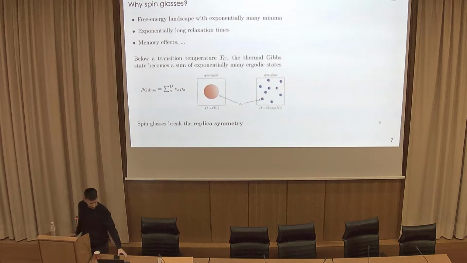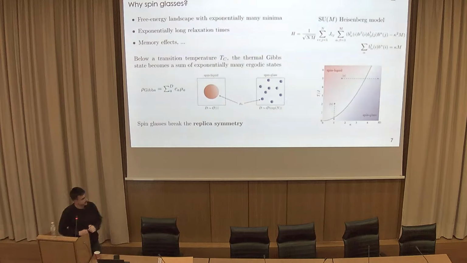To give a very brief description of what a spin glass is: it is a specific class of models that have a transition. Below a transition temperature, T_C, there is what is called shattering of the Gibbs state, and we can write the Gibbs state as a sum with exponentially many terms of ergodic states.